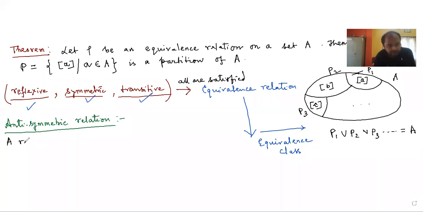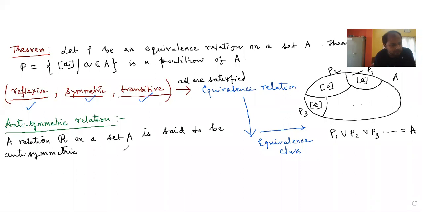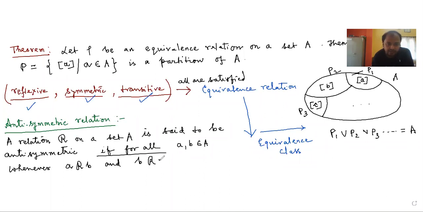A relation R on a set A is said to be antisymmetric if for all a, b belonging to A, whenever a is related to b and b is related to a, then a is equal to b.